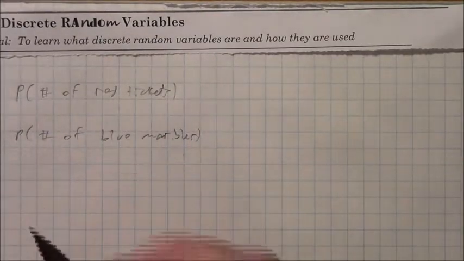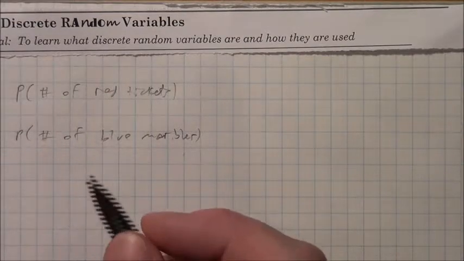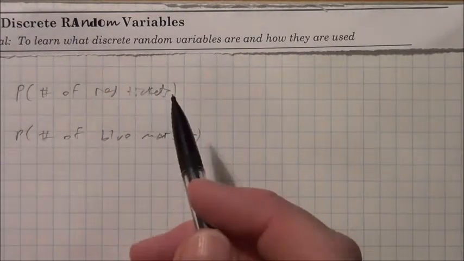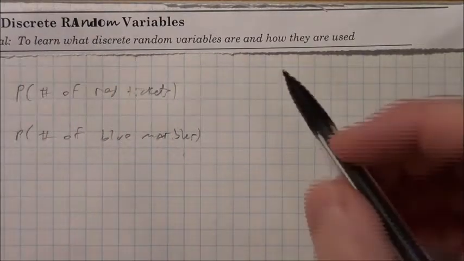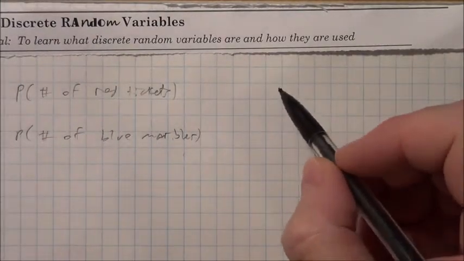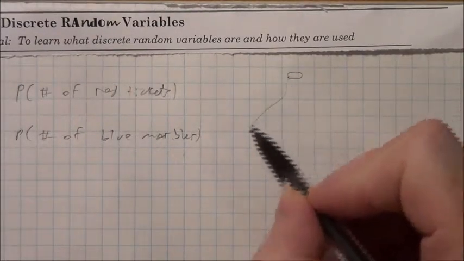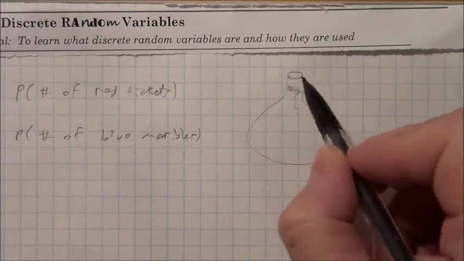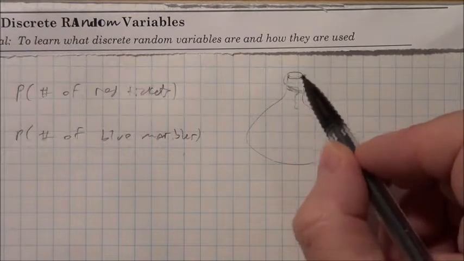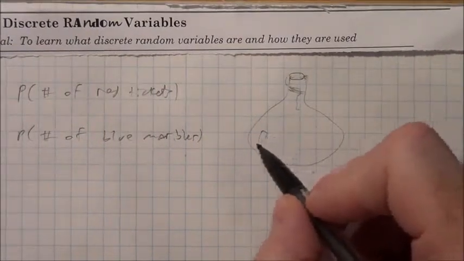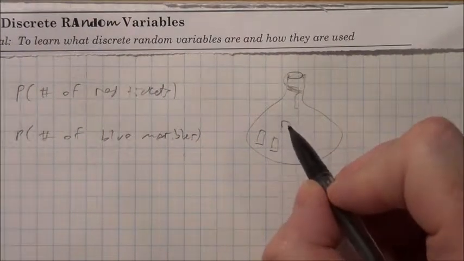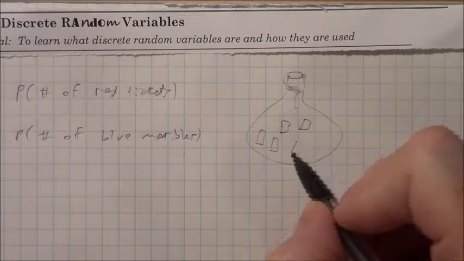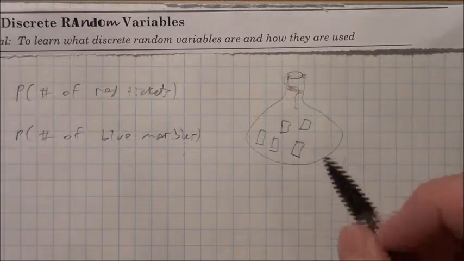So we can say, let's investigate if we have a number of red tickets. Let's again use my little bag that I can't draw very well. So we have this bag full of red and green tickets. Inside you cannot see, of course, from the outside.